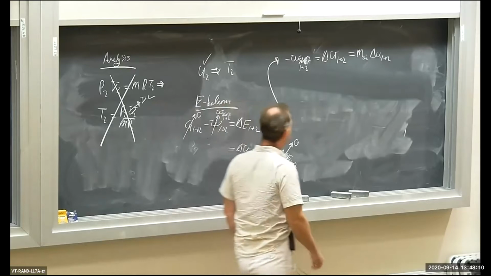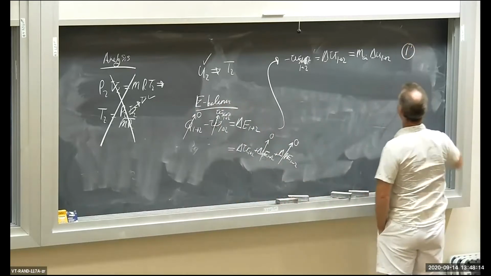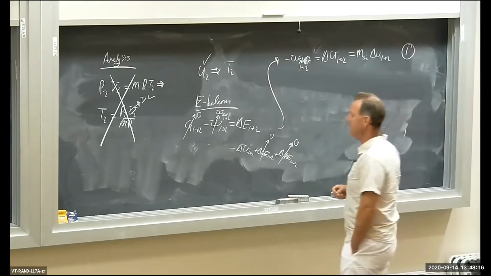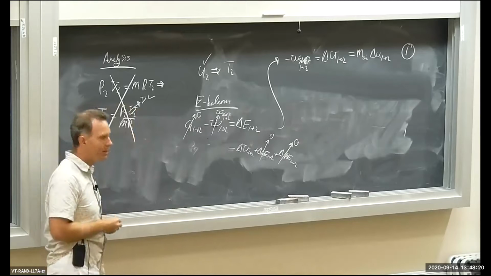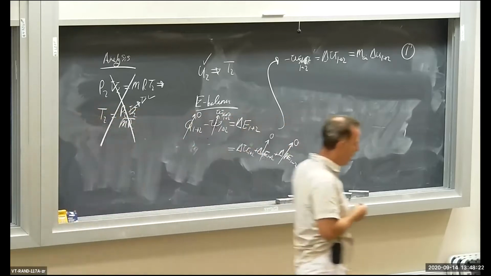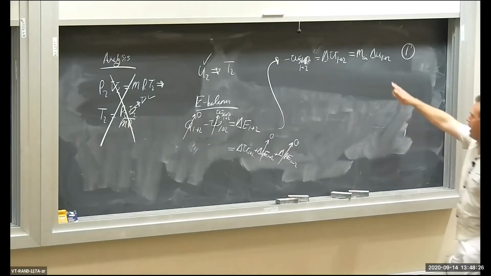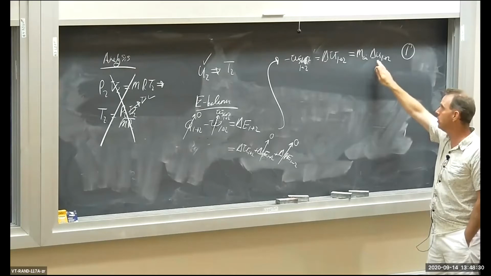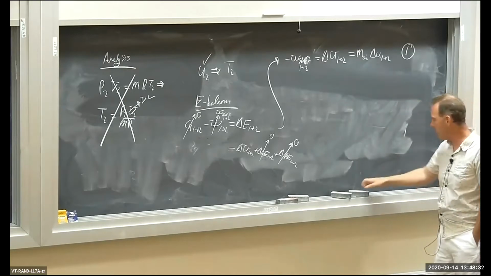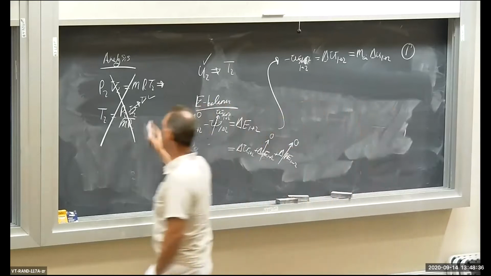Now this is where I'm going to stop. I'm going to call this equation number 1. This is where the problem branches off depending on how we evaluate the change in internal energy, either using tables or using specific heats. So we're just going to leave that equation where it is.